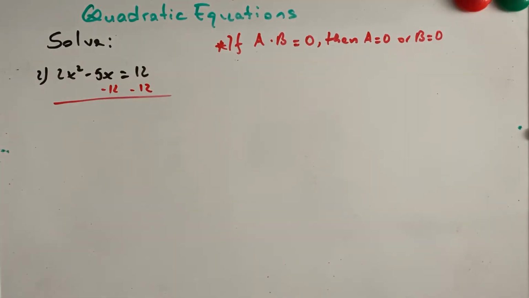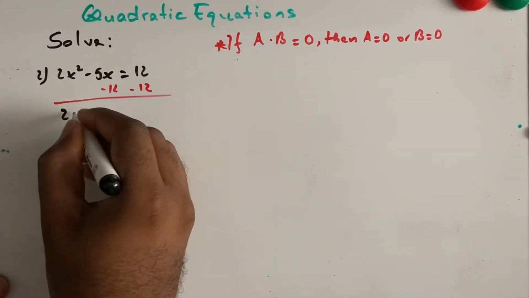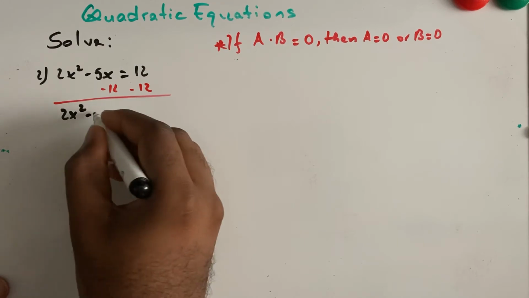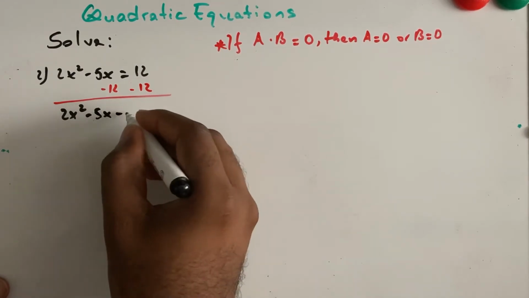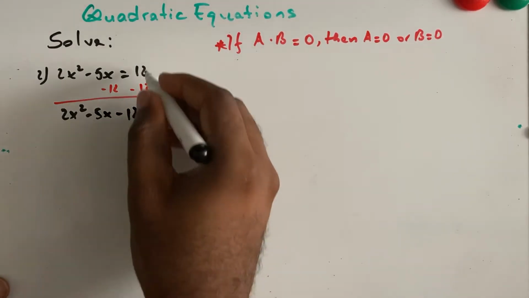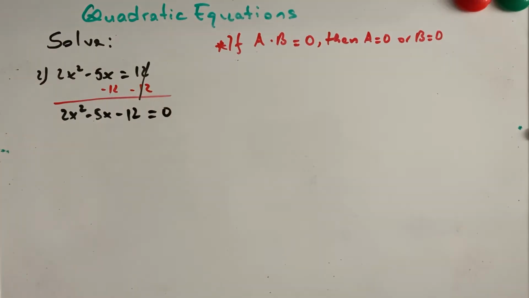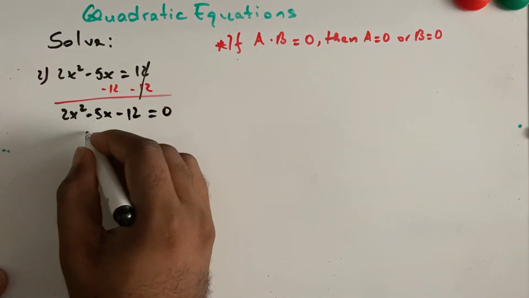So we therefore have 2x squared minus 5x minus 12 equals 0, okay? And from here, let's try to factor. You can use the AC method, or you can factor by trial and error, okay? So let's say we use the AC method.